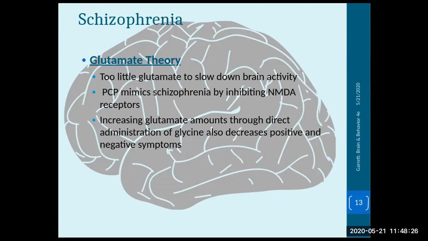We talked about the NMDA receptors in learning and memory in chapter 12, and how the NMDA receptor specifically was involved in LTP, which produced long-lasting learning and memory, right? The neural proof of learning and memory in the brain.